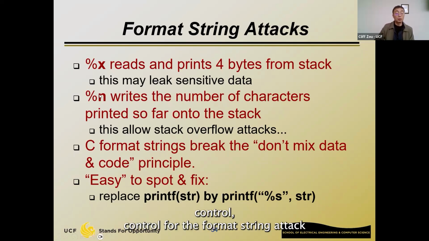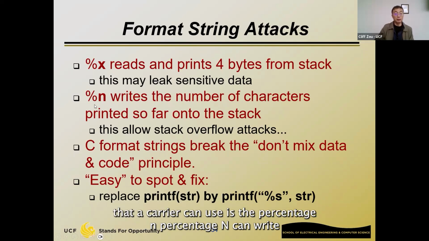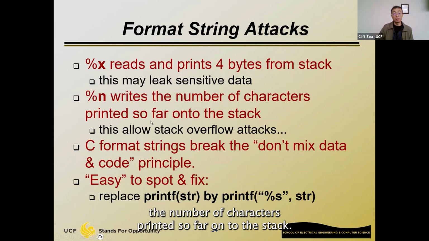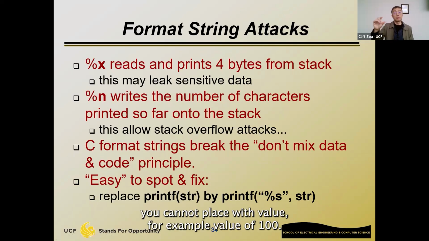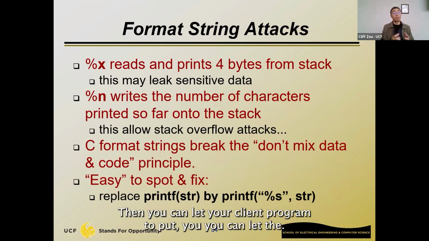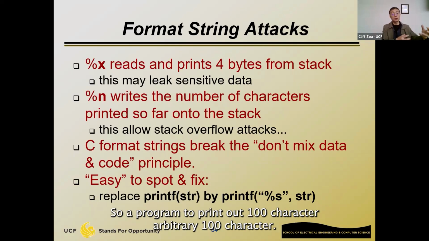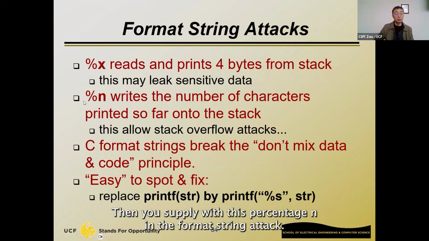Another control the attacker can use is %n. %n writes the number of characters printed so far onto the stack. So if you want to write a value, for example 100, to the stack memory, you can make the server program print out an arbitrary 100 characters, and then supply %n in the format string.